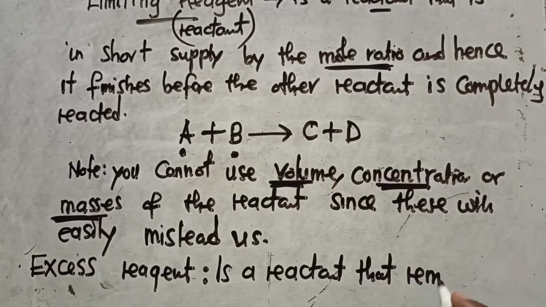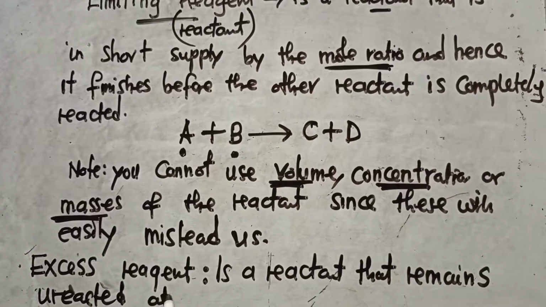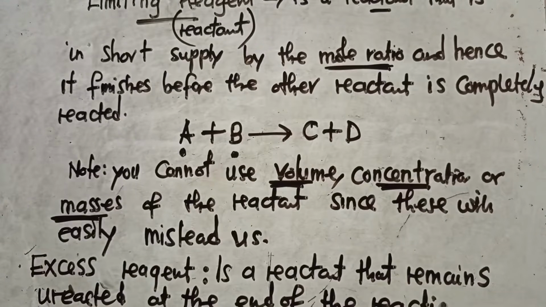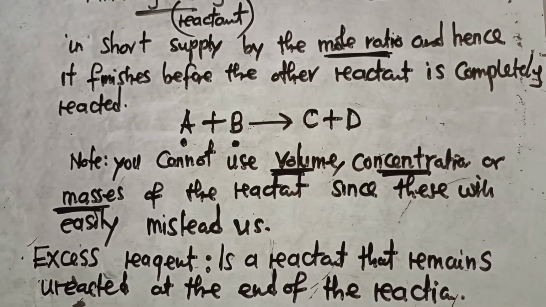It remains unreacted. So that is a reactant that remains unreacted at the end of the reaction. You discover that when the other reactant finishes, the reaction won't proceed.